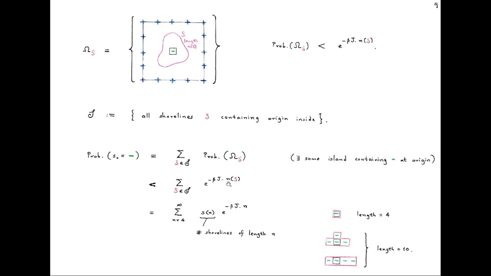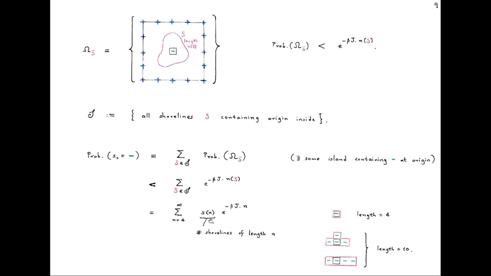So if we call the length of this shoreline n, then instead of summing over all shorelines, you can sum according to the length of the shoreline. But then we'll have to keep track of how many shorelines there are with a particular length, because it can happen that two shorelines have the same length. So for example, here I have indicated that when the length of the shoreline is 10, both of these contain minus at the origin.